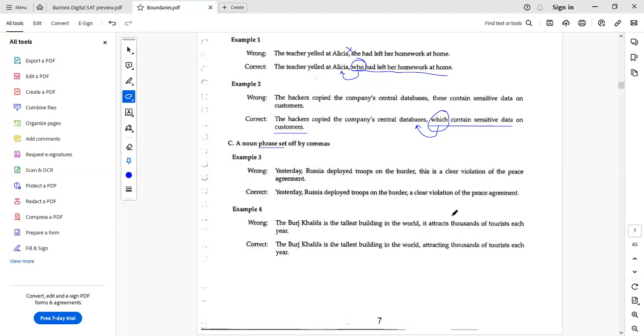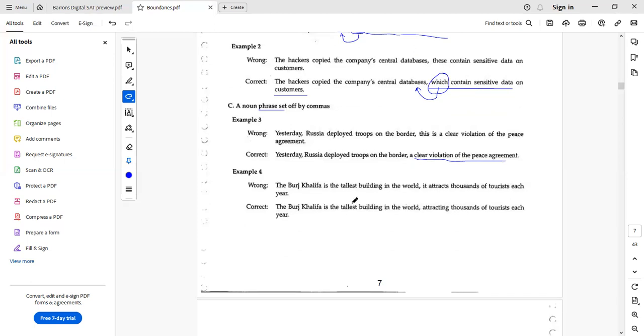So what he did, he changed the second independent clause to be a phrase. Look here, it's an appositive. He said Russia deployed troops on the border, and now he says a clear violation of the peace agreement. There is no subject verb, as you can see. It's a kind of noun phrase. So he put a comma before it.